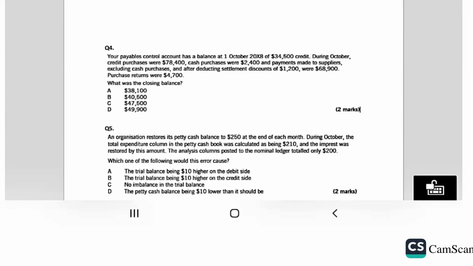The analysis columns posted to the nominal ledger totaled only 200 kwacha. So the question is, which one of the following would this error cause? We are trying to study the significance of these errors, or what the error will cause.